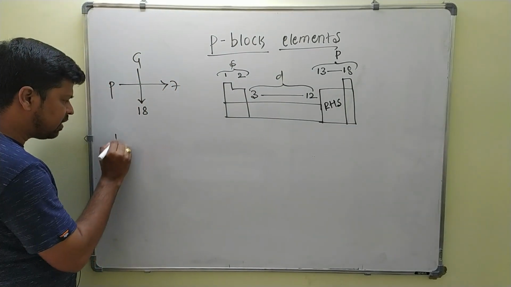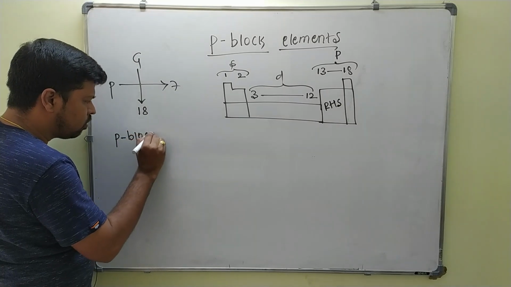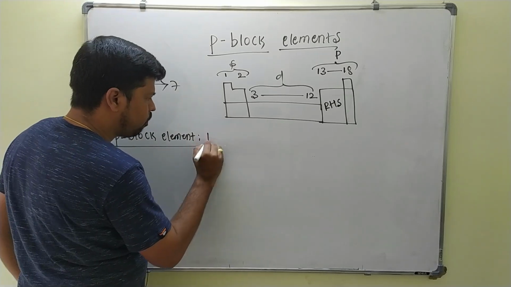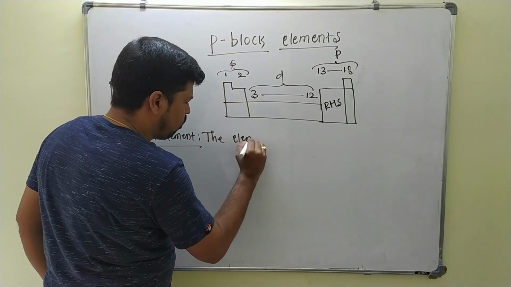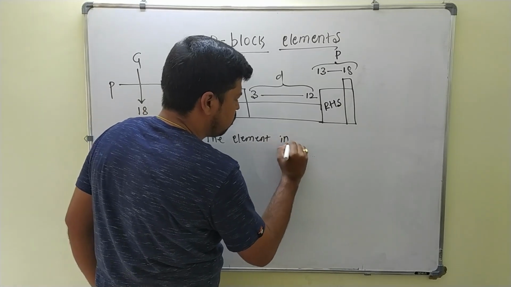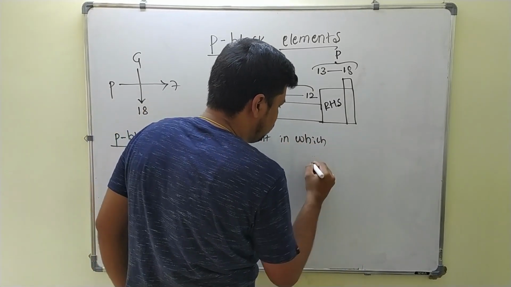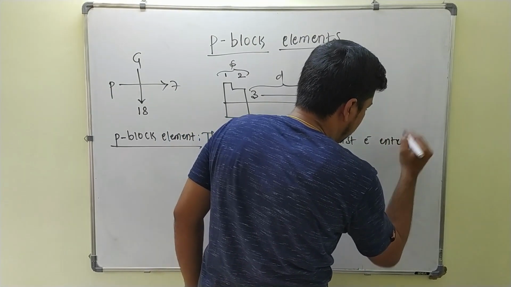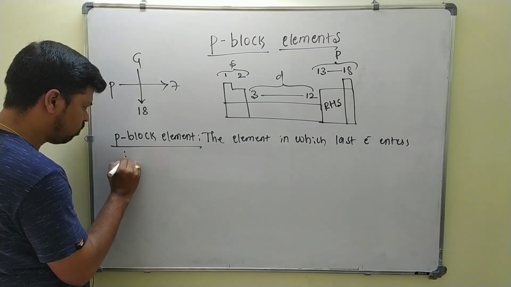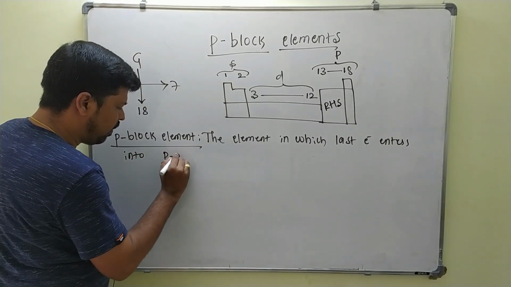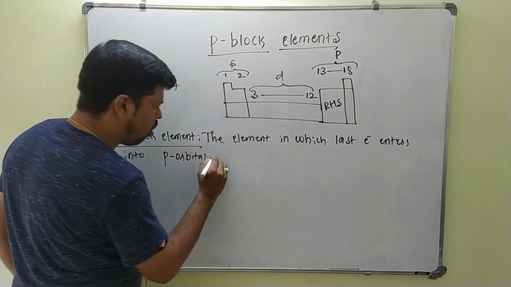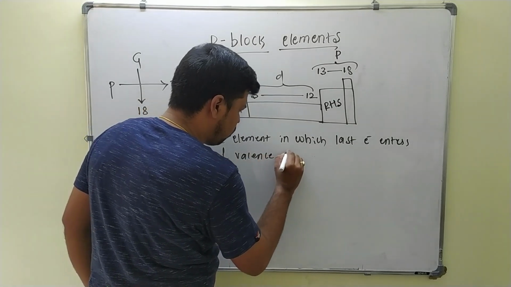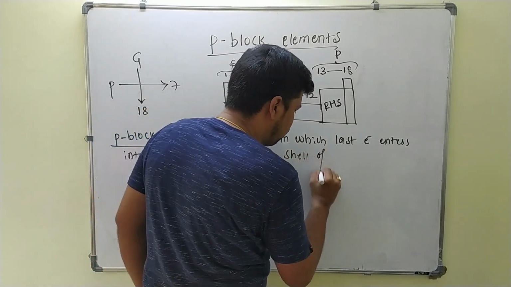Now we will write the definition of a P block element. The element in which the last electron enters into the p orbital of the valence shell of the atom.